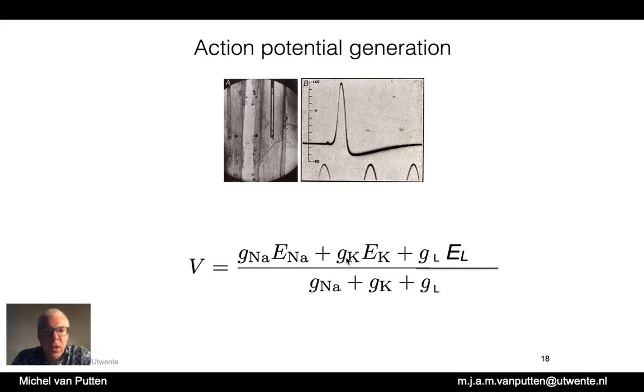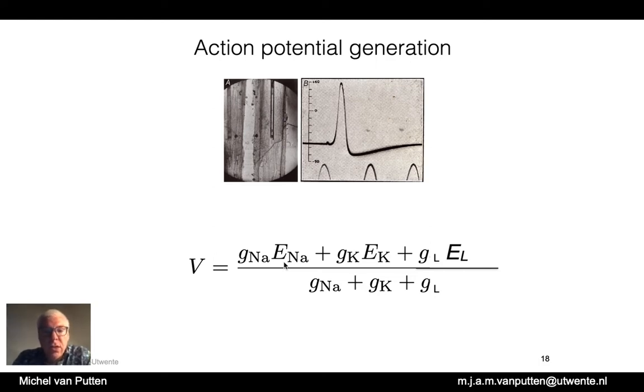the membrane voltage. Now you can already imagine, if you play with the conductances here, if you change their value, for instance, you increase the sodium conductance much more, make it much larger than the potassium conductance, then the membrane voltage will tend to go to the sodium Nernst potential, while if you increase the potassium conductance much more than the sodium conductance, then the membrane potential tends to go to the Nernst potential of potassium.